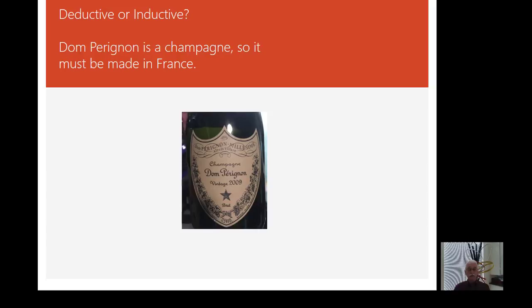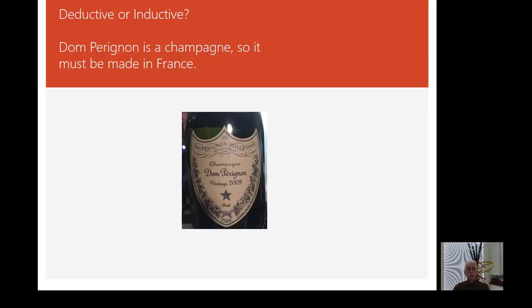Well, it depends. It might be clear from the context that the speaker, the arguer, believes that having been made in the Champagne area of France is part of the defining feature of champagne. With that in the background as one of the hidden premises, then the conclusion follows from the premises with certainty. It's a deductively valid argument.